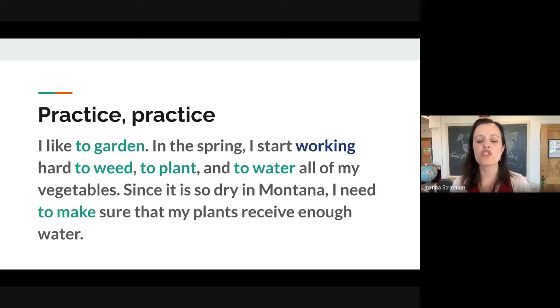Since it is so dry in Montana, I need to make sure that my plants receive enough water. In this story, you see the phrases that are in green: to garden, to weed, to plant, to water, and to make sure. All of these actions, all of these verbs are in the infinitive form.